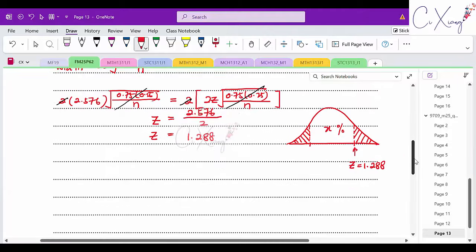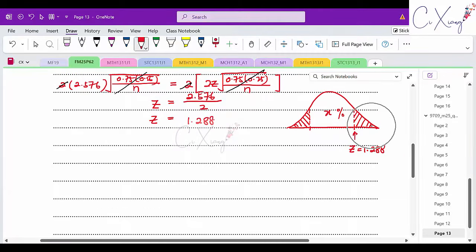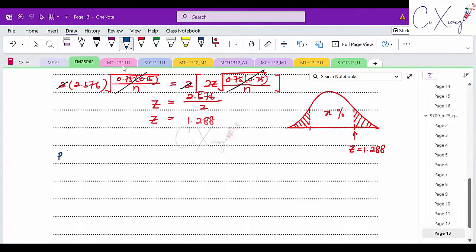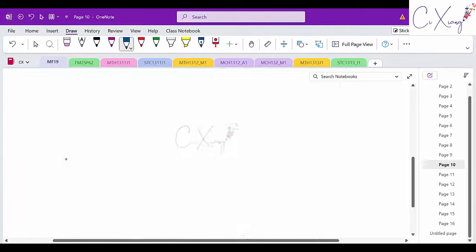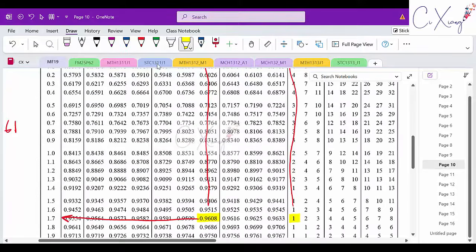So to get the X percentage, first step, I try to find this particular area first. So what is the area for Z greater than 1.288? Z greater than 1.288 means that you have to take 1 minus, go for the table, looking for 1.288. So 1.28, then 8. So you're having 8997 plus 15.